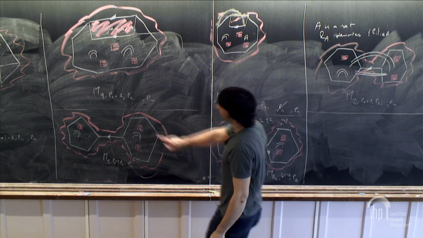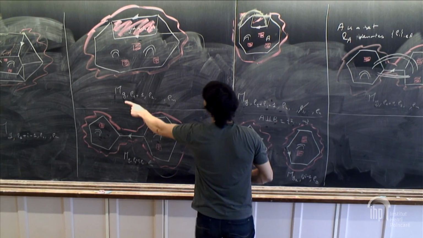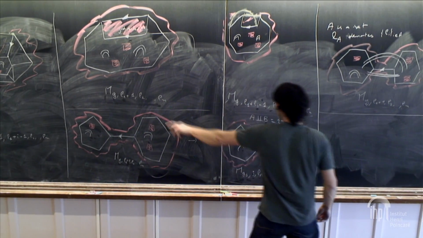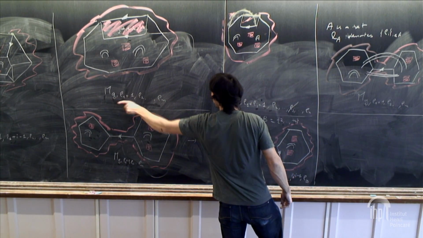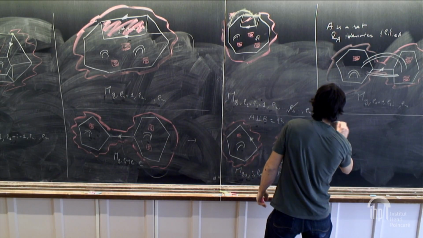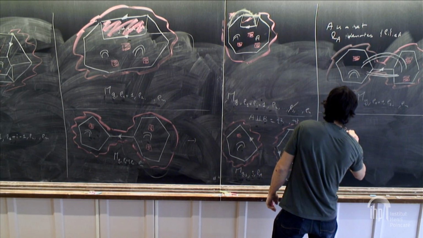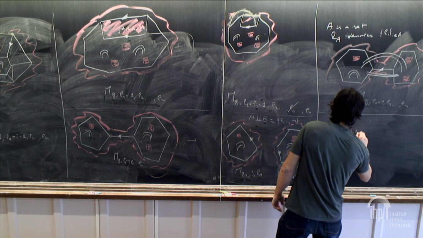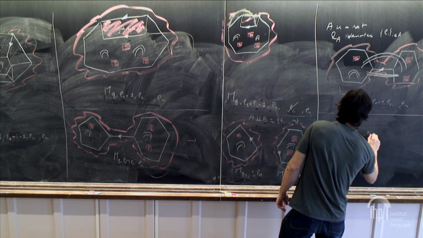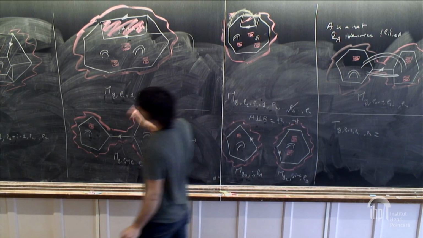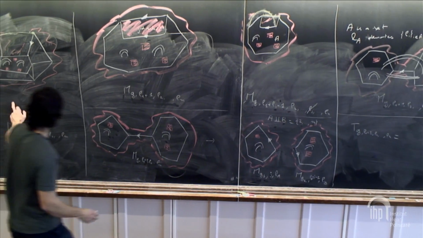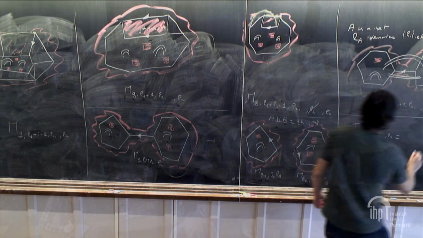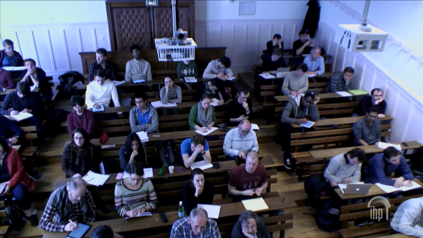So now what I want is to enumerate genus G maps with n boundaries. So I want to have Tg L1 plus 1, L2 to Ln, and I decompose it in all these possible cases. First case, I've got an element of this type.